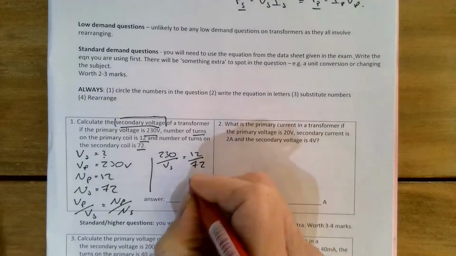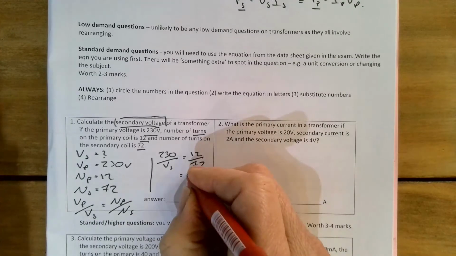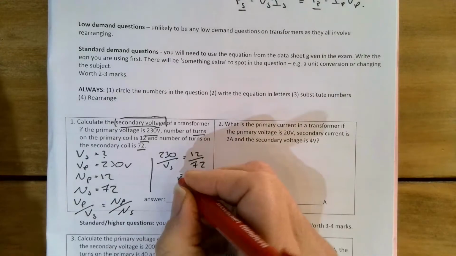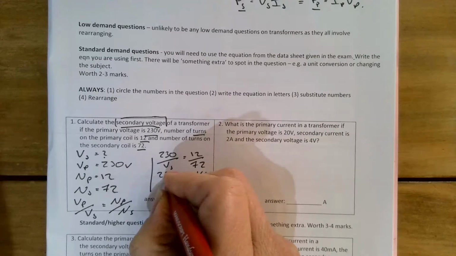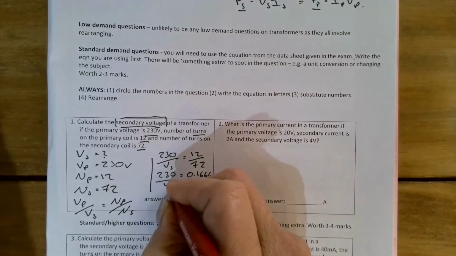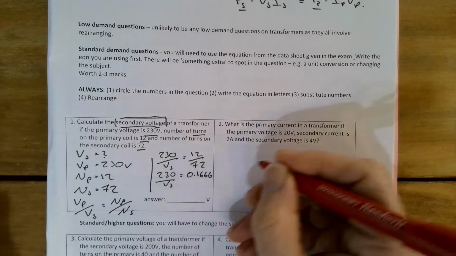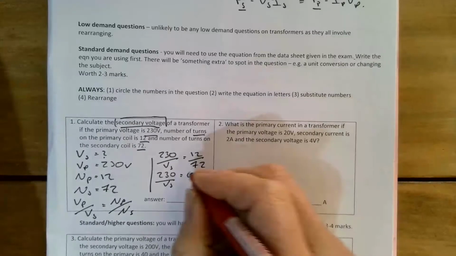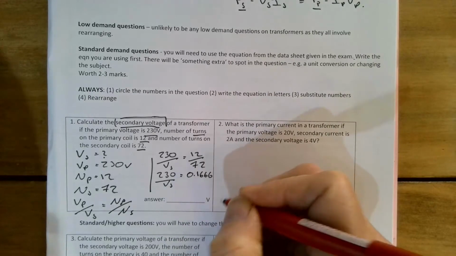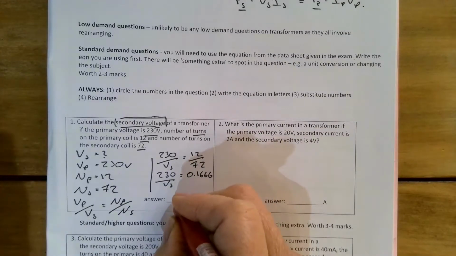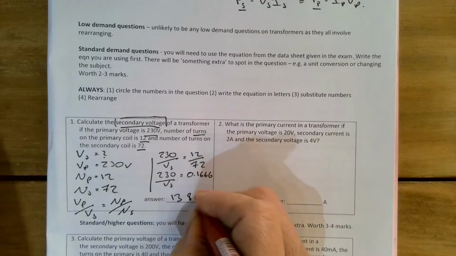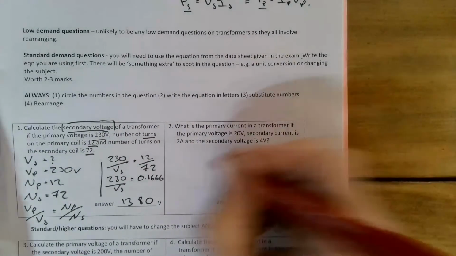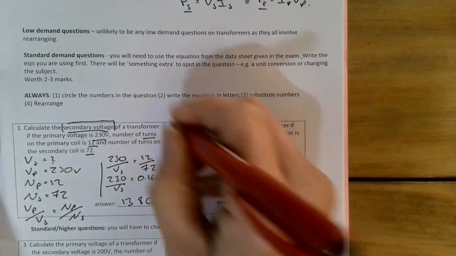So 12 divided by 72 is equal to 0.166. Now that leaves us with 230 over Vs. Rearranging this will give us Vs is equal to 230 divided by 0.1666, and that will leave us with 1380 volts.